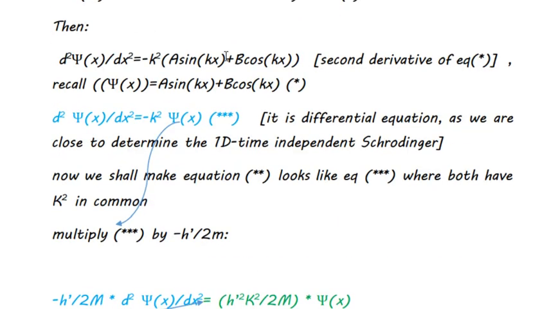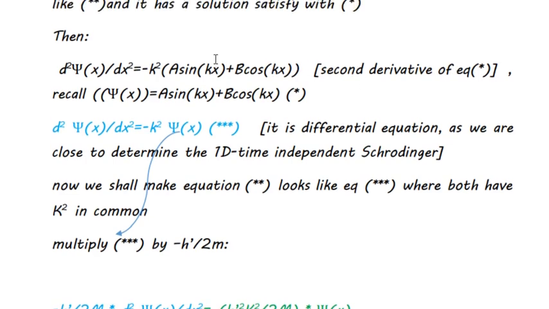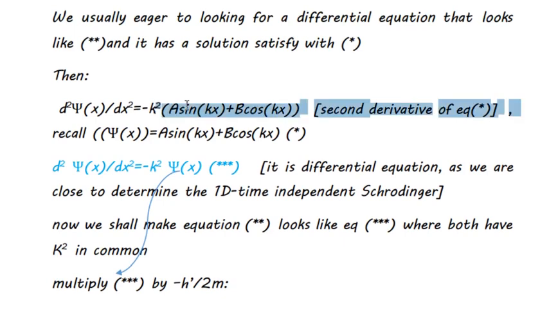So from equation number 1, we simply take the second derivative of that equation, and it results in this value. This value itself is also the same as the first equation value.